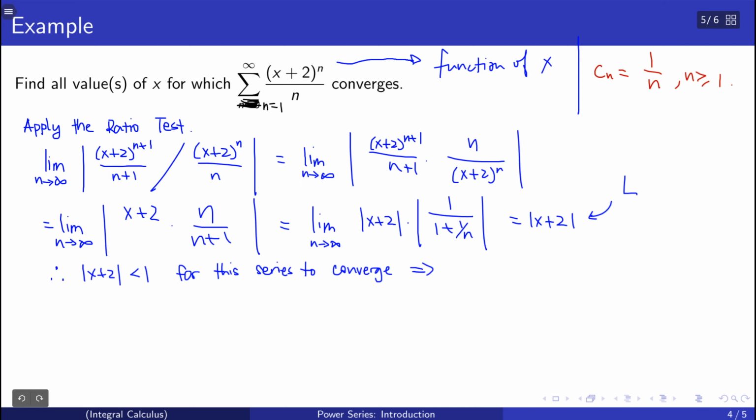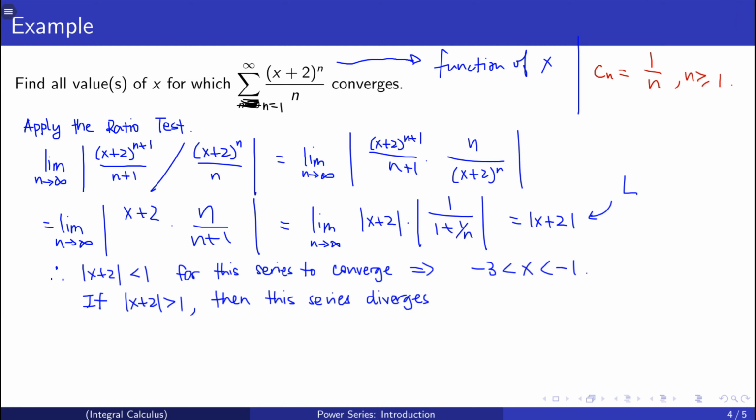Just solving that inequality for x, it means -3 is less than x is less than -1. Also, if |x + 2| is strictly larger than 1, then this series diverges. In other words, if x is less than -3 or x is larger than -1, it diverges.